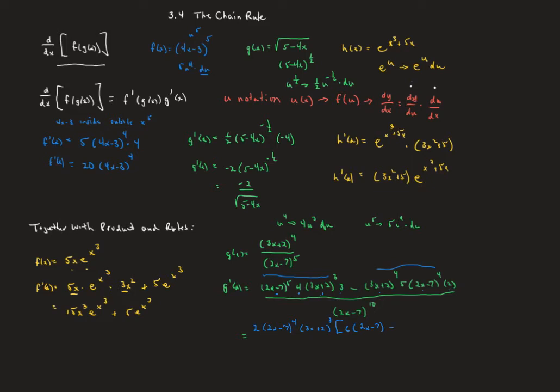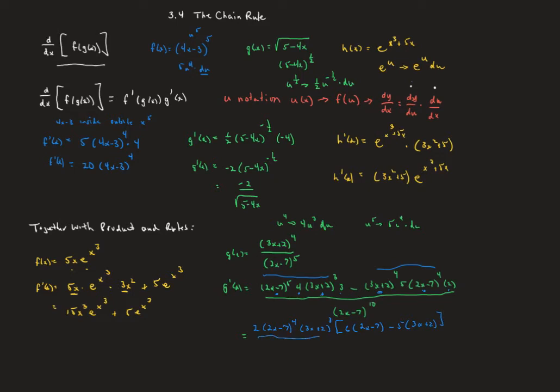Now the second term, we took out the 2, but the 5 remains, so it stays here. We took out a (2x minus 7) to the fourth, which accounts for all the 2x minus 7s here. So those are accounted for. We took out a (3x plus 2) to the third, but this had a (3x plus 2) to the fourth. There's still another 3x plus 2 that remains.